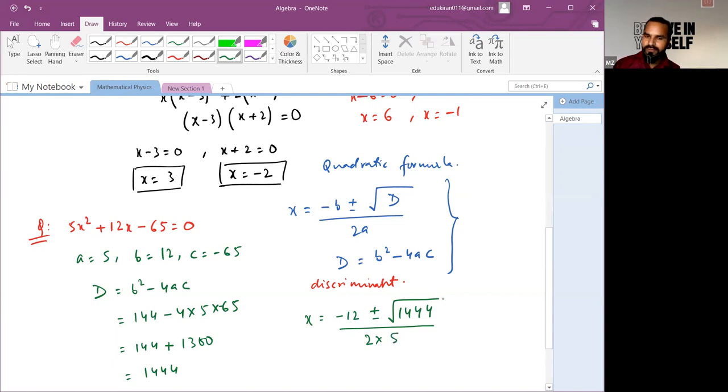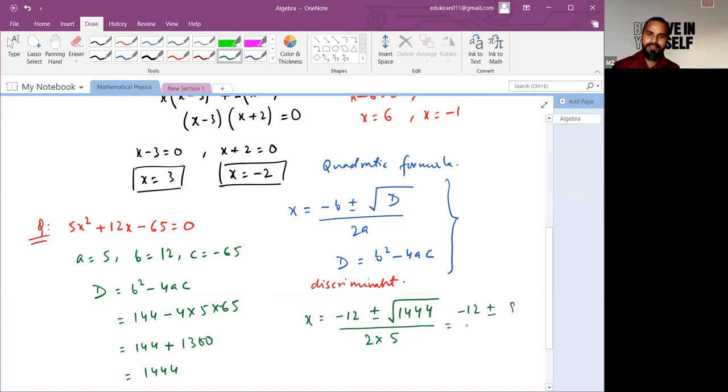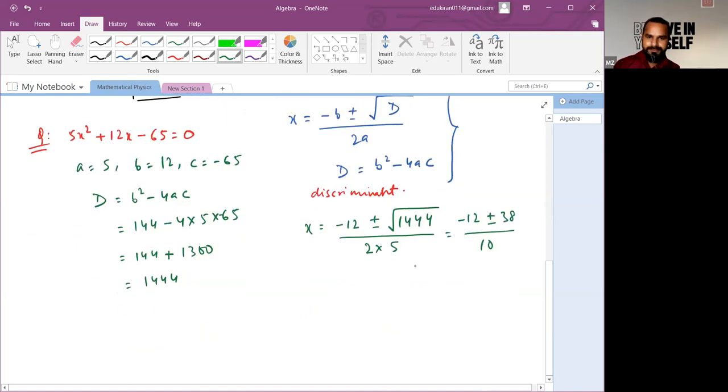So the square root of 1444 would be, I think, 38. Yes, sir. So it will be minus 12 plus minus 38 divided by 10. So we have two different signs, first one for plus and second one for minus.